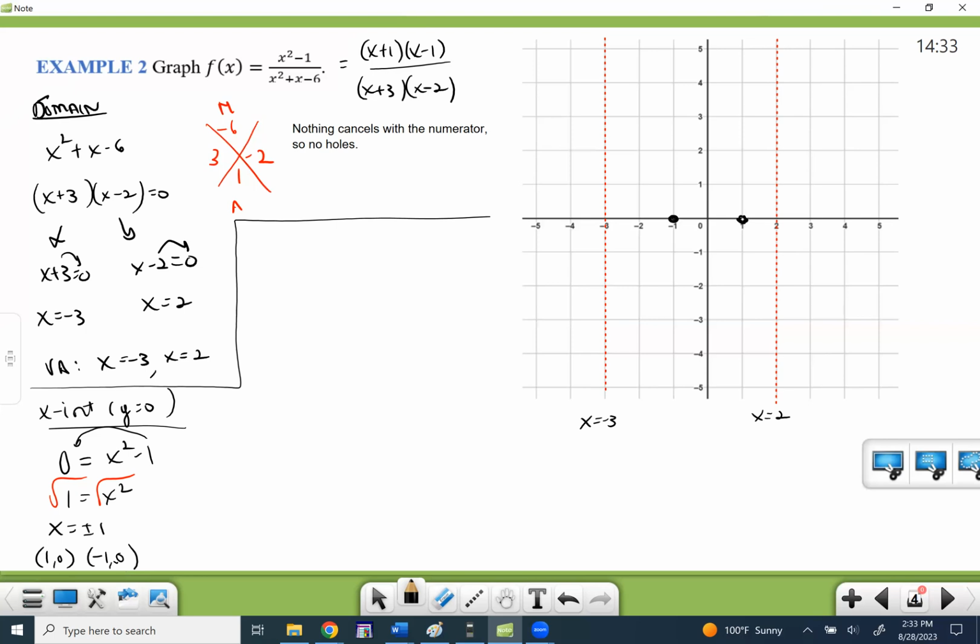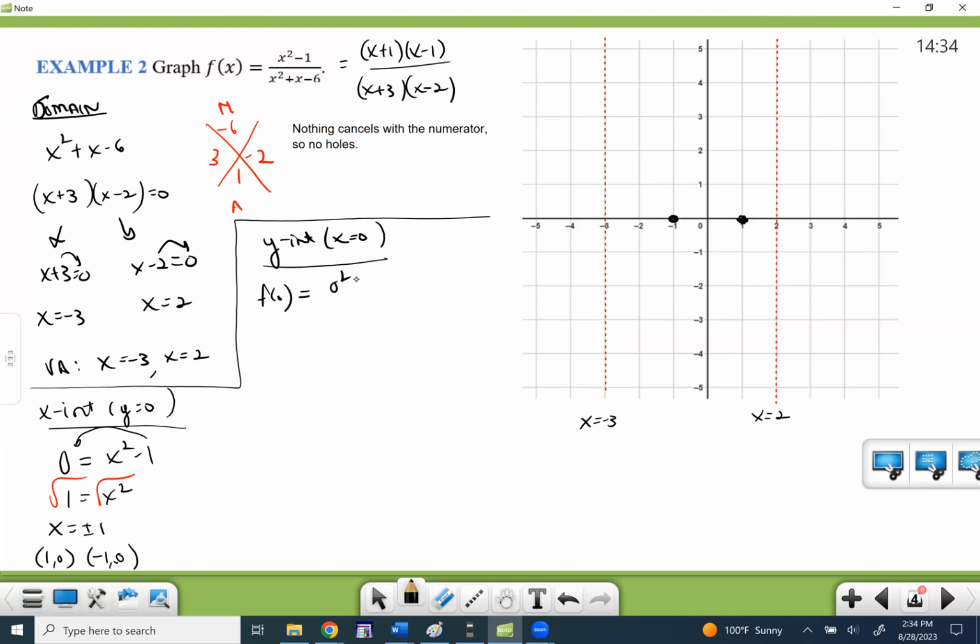All right. Okay, so let's go in and get the y-intercept. So for the y-intercept, we let x be 0. And I told you guys I like to do it in the original, not the factored. So I'm going to go ahead and substitute 0 into that. And that's going to annihilate all of these terms and just leave us with the -1 over -6. I'm going to write it out for our notes' sake.